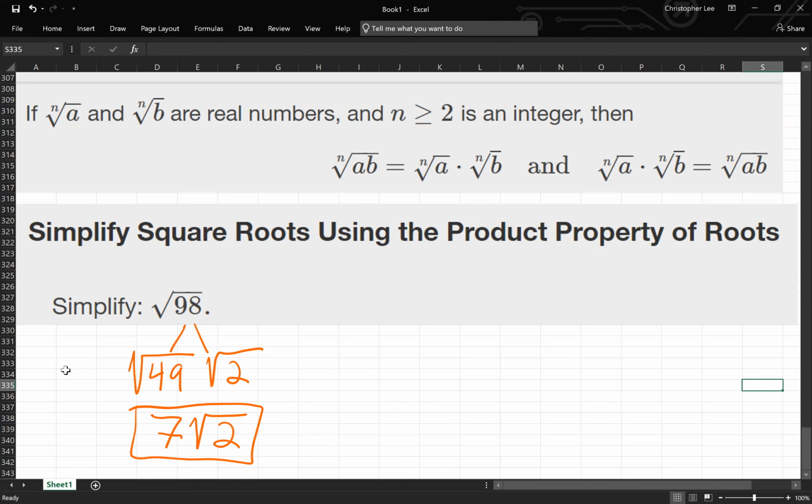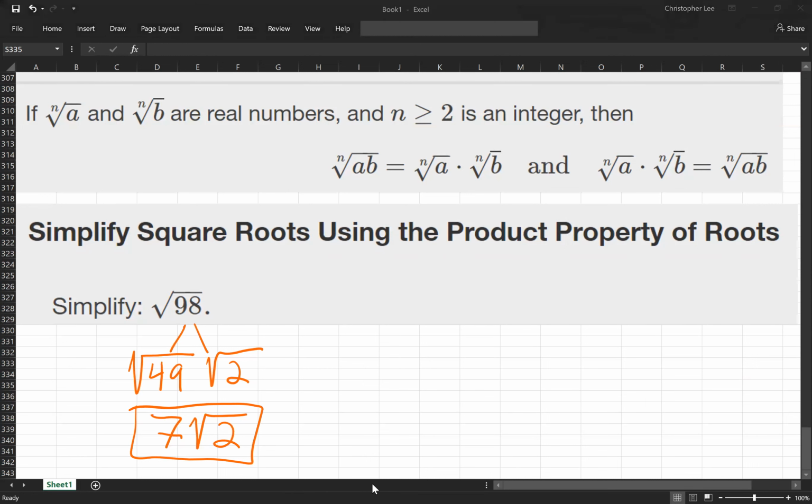Just divide out prime numbers and see what happens. Or you could break it all down into prime numbers and you'll see a repeat. Because 49 times 2 is 98. But they both have the square root though.